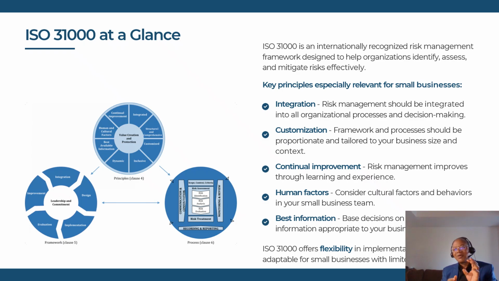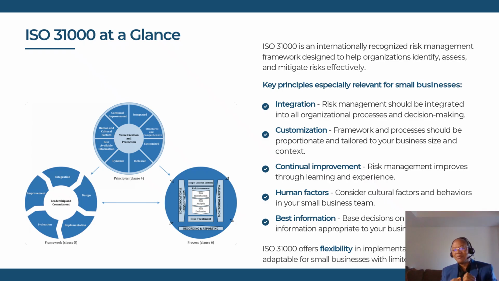So clause 4, which deals with principles, talks about things like integration, structured and comprehensive system, customized, inclusive, dynamic, best available information, human and cultural factors. Because every organization, irrespective of how automated it might be, the human beings play key roles.